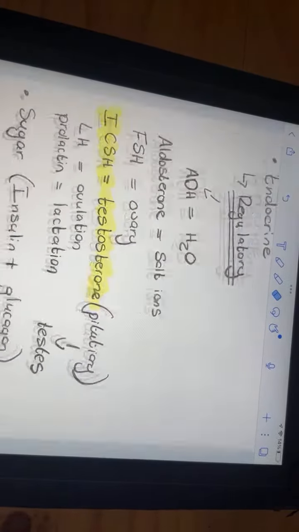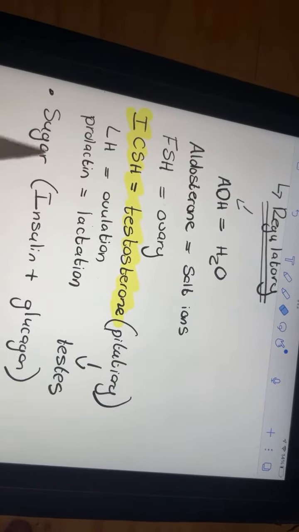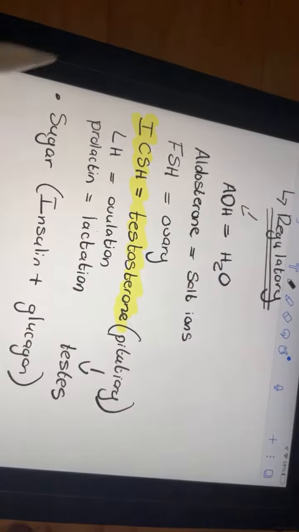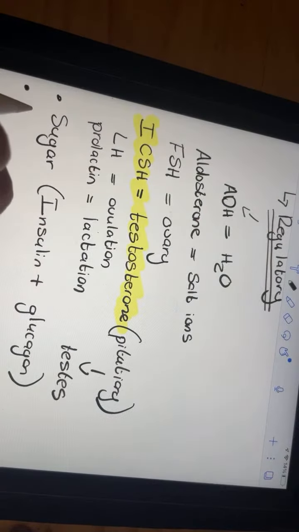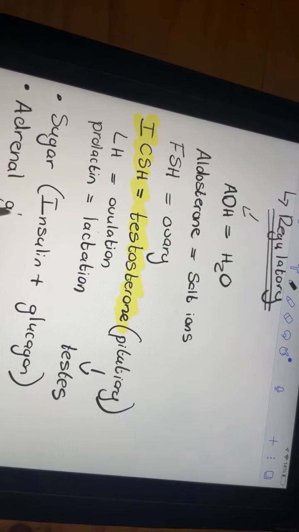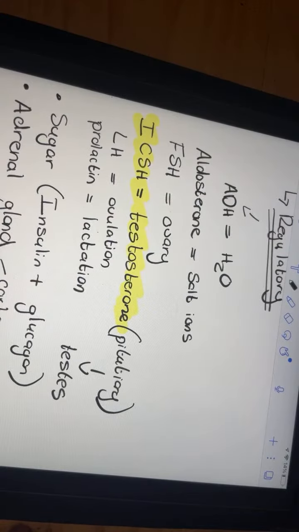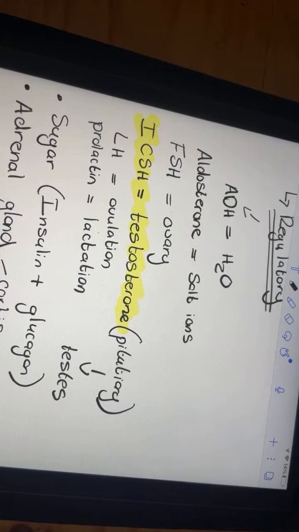What else could they ask under endocrine? Oh, I remember another one. They can also ask you about the adrenal gland. There are two hormones that come out of that, which are cortisone and adrenaline.